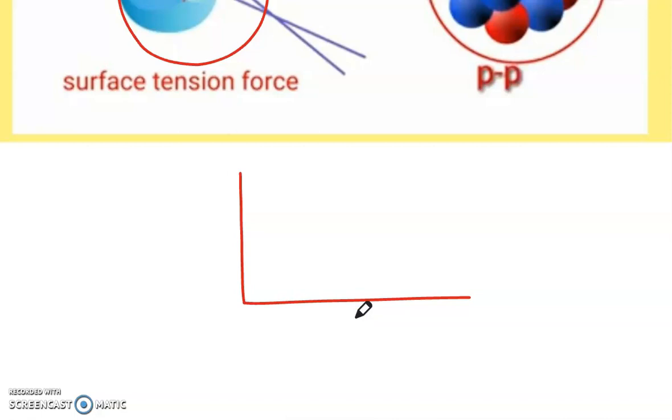This is our y-axis, sorry, and this is our x-axis, as we call it. The x-axis represents the distance, the radial distance. And in our y-axis we have the mass density, and like I mentioned, the nuclear mass density is constant.